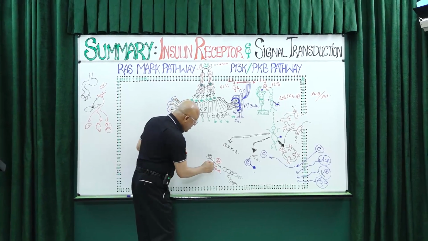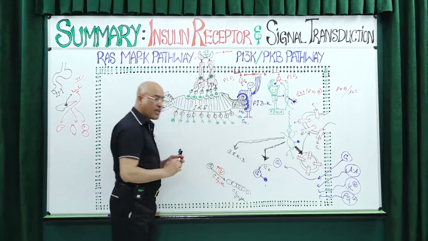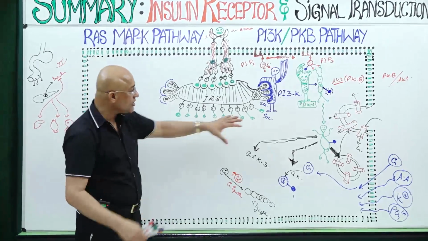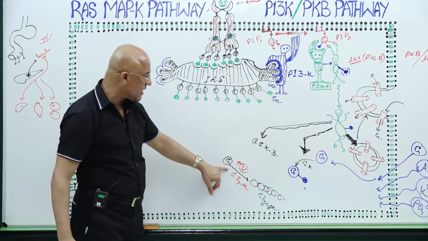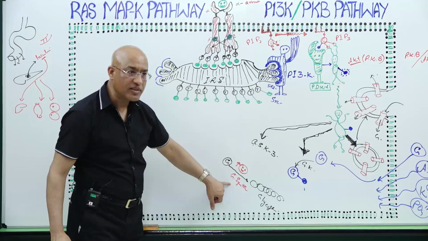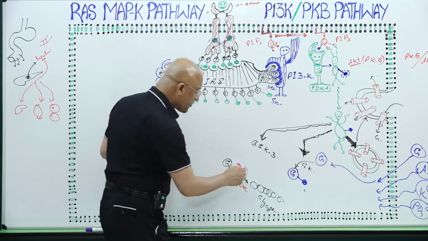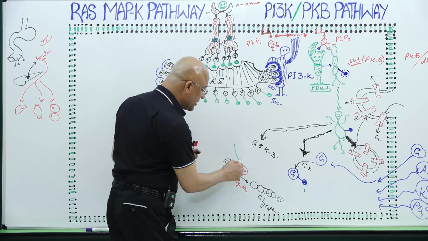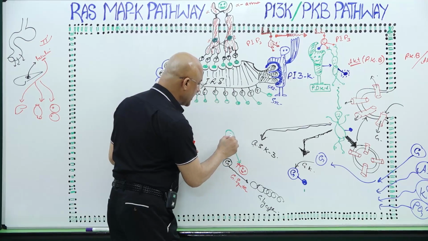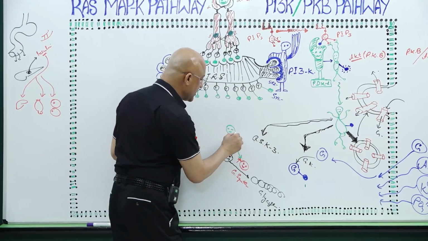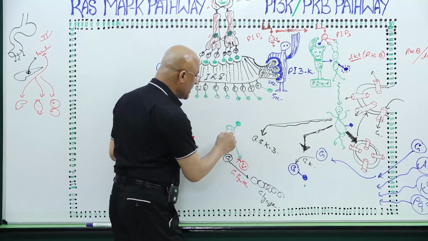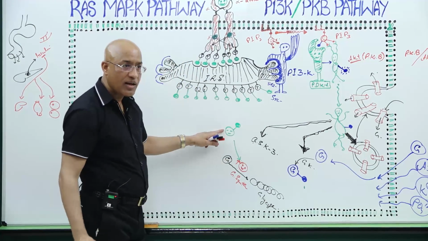Now, when blood glucose level is high and insulin level is high, intracellular machinery should activate the glycogen synthase. Glycogen synthase is very funny. If glycogen synthase is phosphorylated, it is inactive.